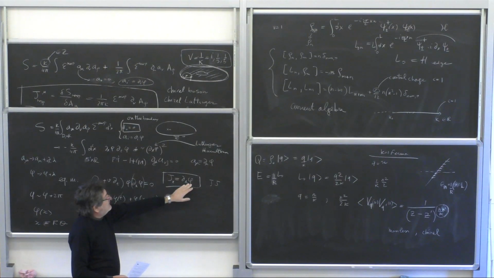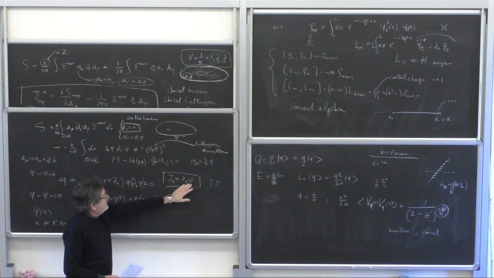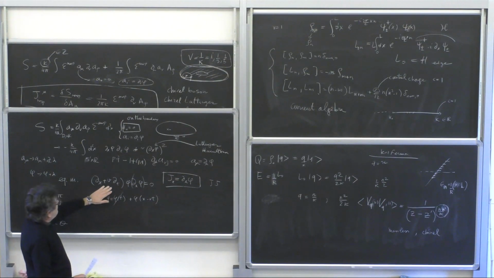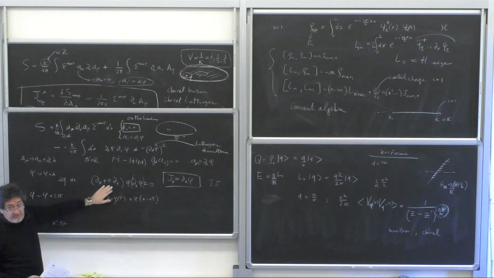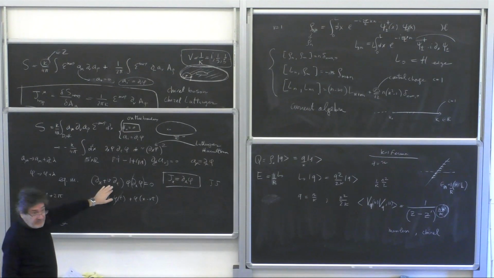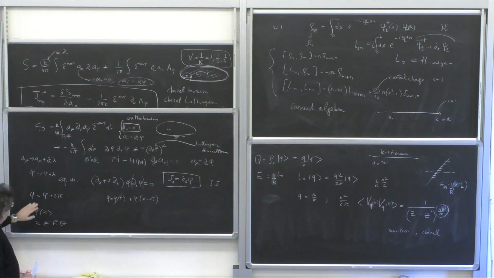And so when you quantize this field it will have waves obeying this equation of motion, but it will also have solitonic modes because of the periodicity of the field. And these solitonic modes are again related to the fact that phi is a non-trivial map from a circle to a circle.